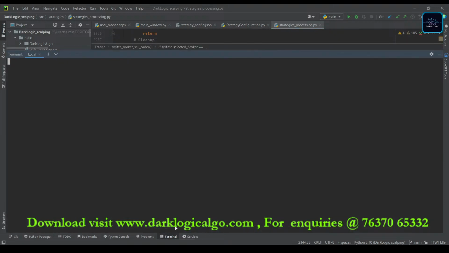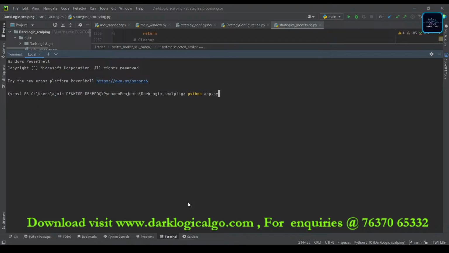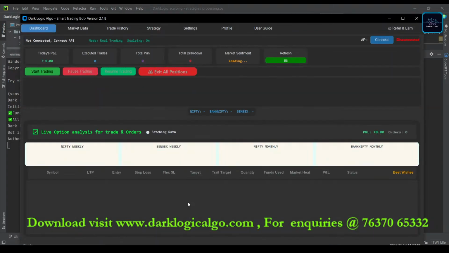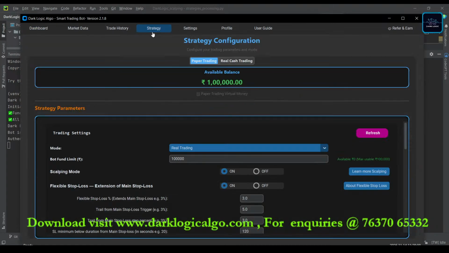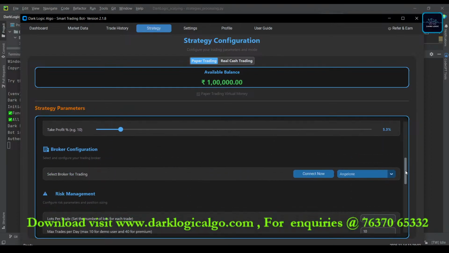Now I am running the bot from terminal, but you will get an exe file. Now I will set the take profit and the target a little bit higher.